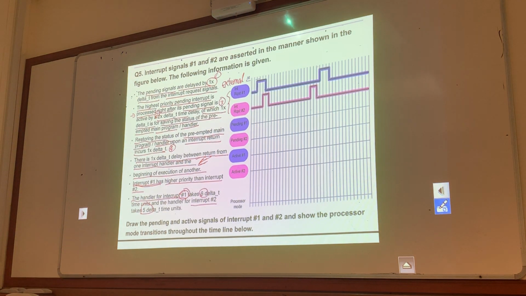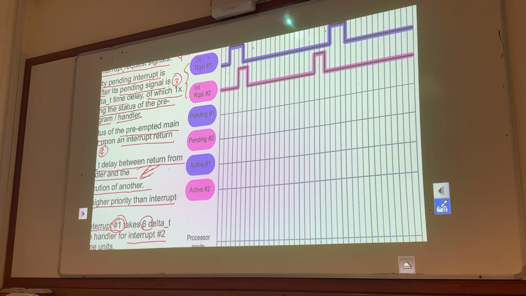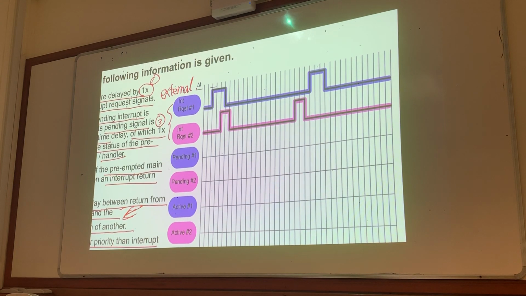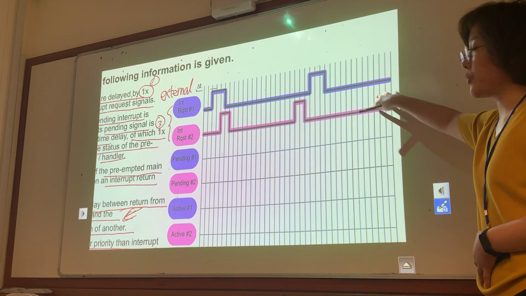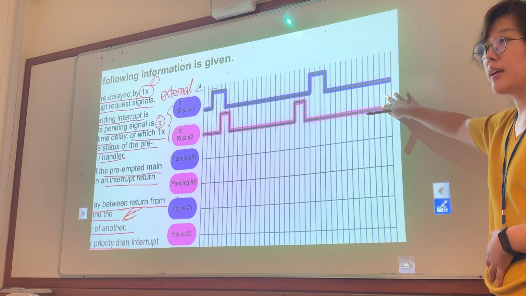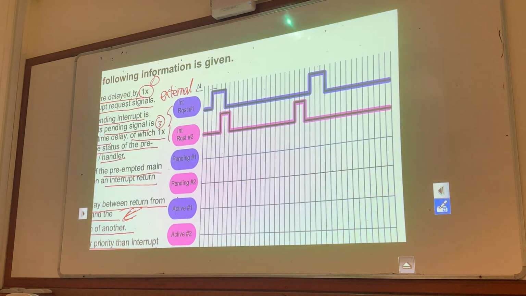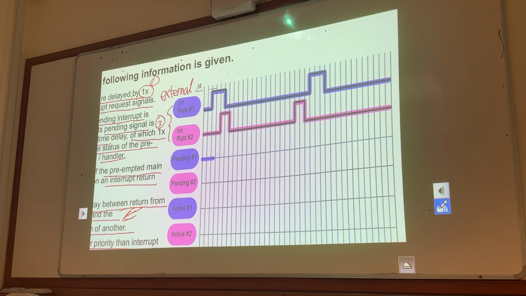So I'm using a different color. Let's say you have 2 devices sending interrupt requests like this. At the beginning, all of them are 0, right? Until this moment.